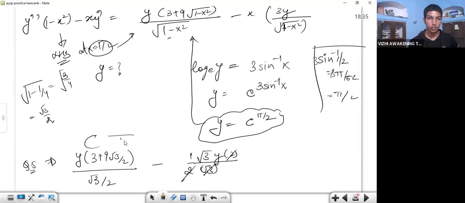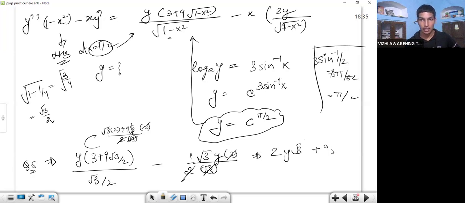Solving this further, 2 will be the LCM. 3 into 2 plus 9 root 3 multiply, and there is this denominator here where 2 will cancel 2, 3 will cancel this. So what will it look like now? It will look like somewhat this: 2y root 3 plus 9y minus root 3 into y.